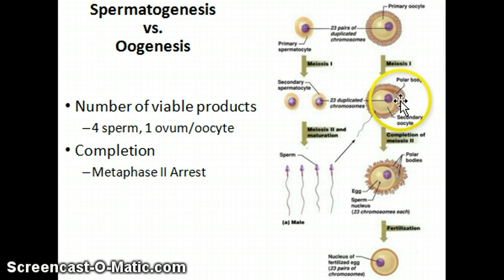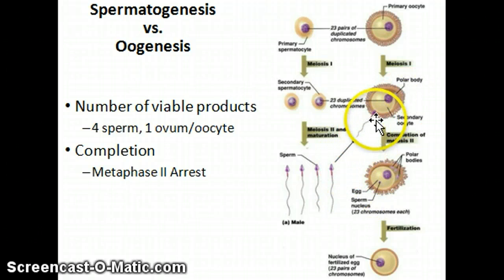The polar body is very close to what we call the secondary oocyte. They're usually attached to one another, and there's very little cytoplasm in the polar body. But we still have 2 cellular products, and each is considered haploid.